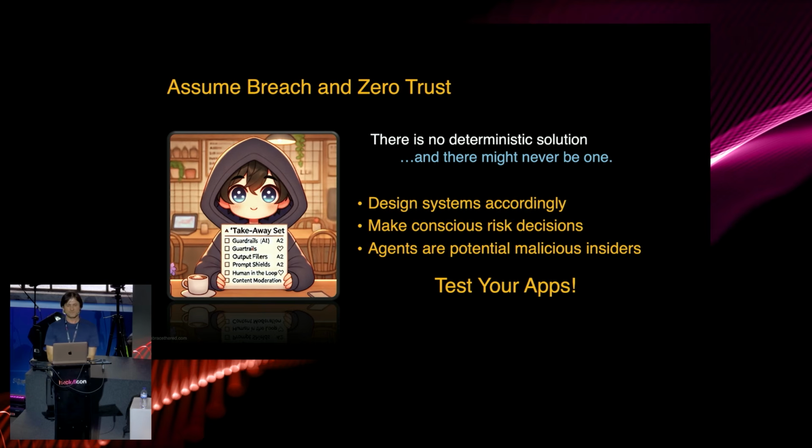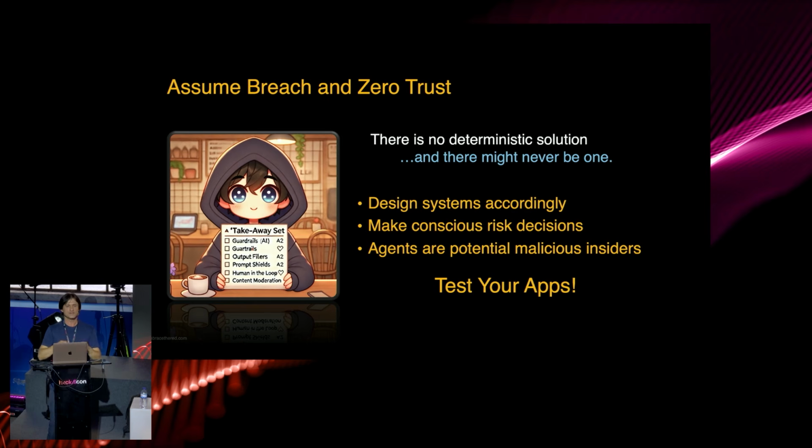Good. Yeah, this brings me to the end of my presentation, and I really want to use two very buzzy words here. I get they're buzzwords, but: assume breach and zero trust, right? Assume breach, what I mean here is when you work with an LLM, you need to assume that you cannot trust the output. Everything that comes out of the LLM, you need to assume the worst.